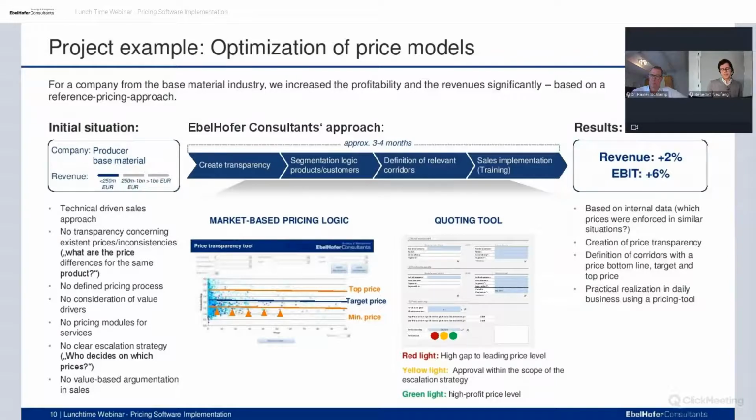Many of the software solutions give you a variety of different options that you can build into your pricing logic, into your pricing algorithms. And sometimes for some firms, it's hard to really decide what is the right price model.